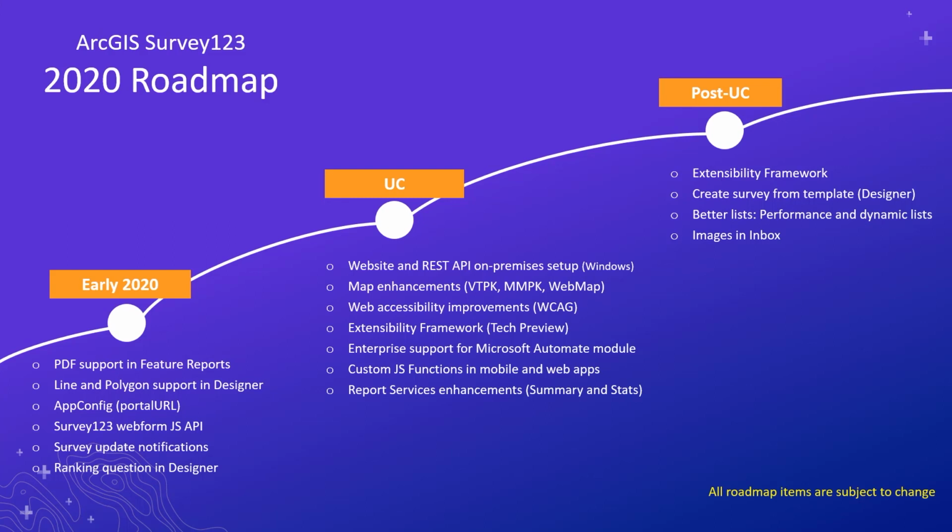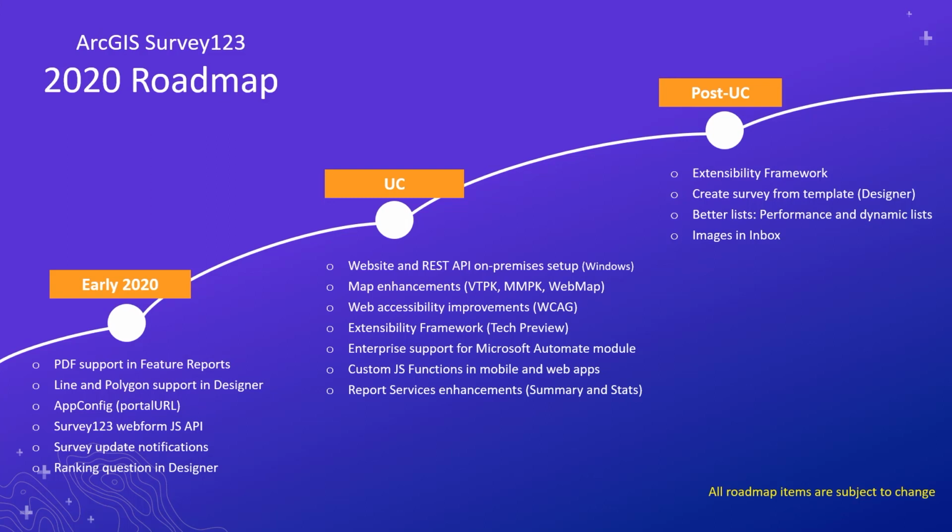So for the first half of the year, much of what I discussed here has been touched and done already. Looking at the July timeframe around the Users Conference this year, we want to finalize our work with the website and REST API on-premises setup for Windows.